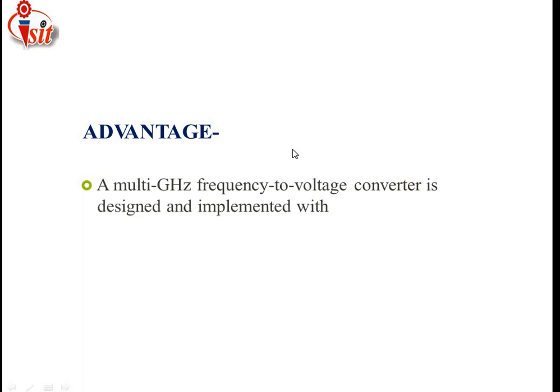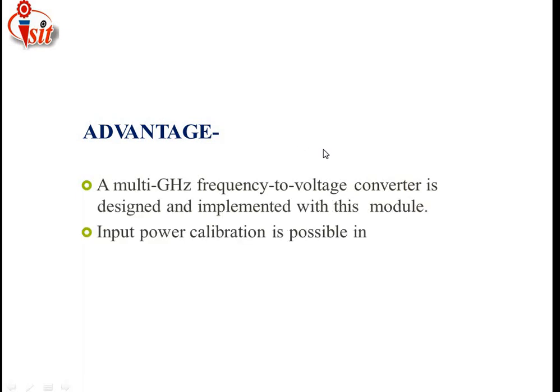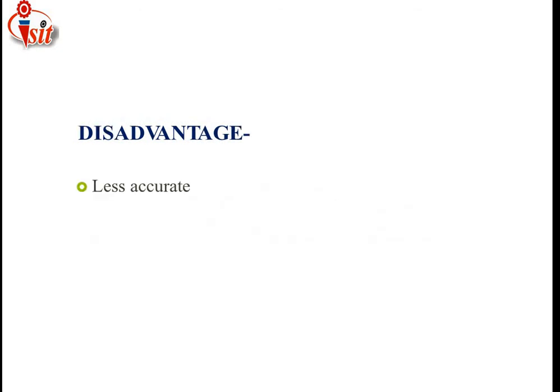Then we are going to see the advantages of this converter, that is, why we are converting frequency into voltage or voltage into frequency. A multi-gigahertz frequency to voltage converter is designed and implemented with this model. Input power calibration is possible in the proposed model. The disadvantage is that it is less accurate and non-linear due to the integrator.